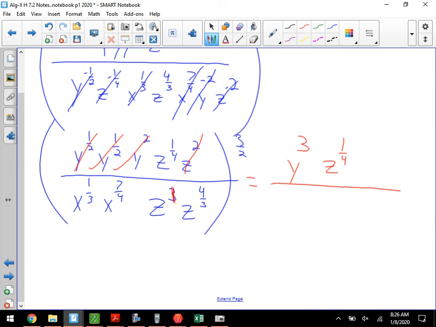1/3 and 7/4. Again, the common denominator is going to be a 12. So this is going to be 4/12 and 21/12. Okay. So that gives me x to the 25/12.